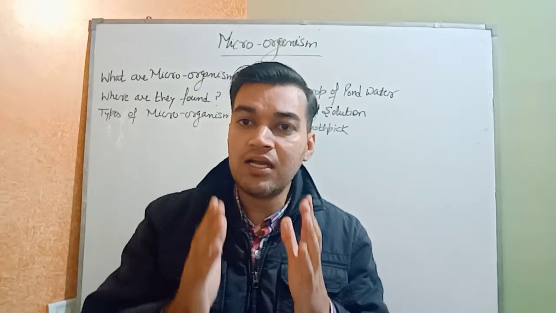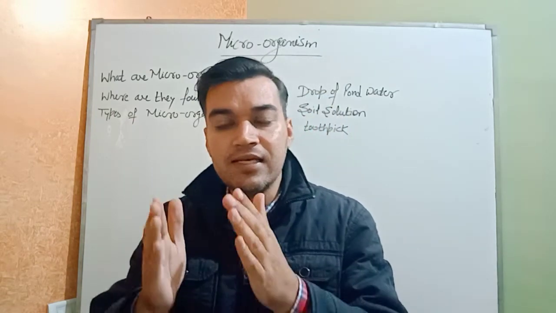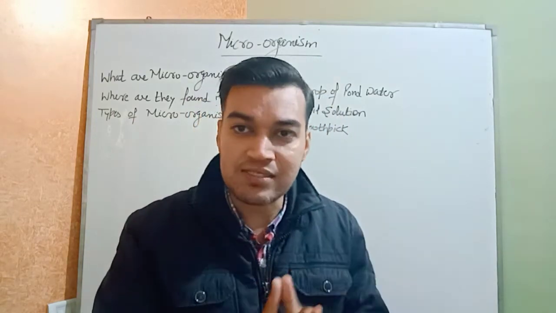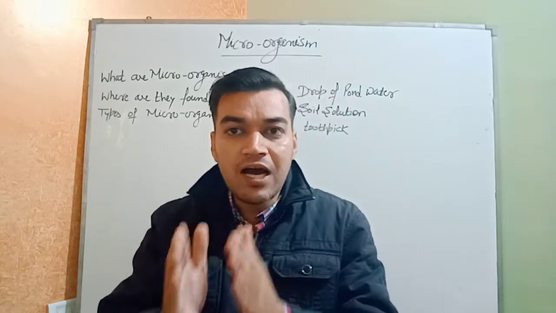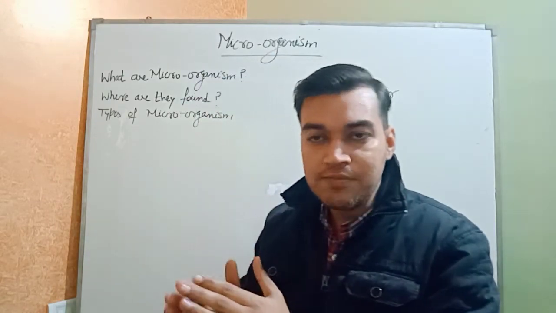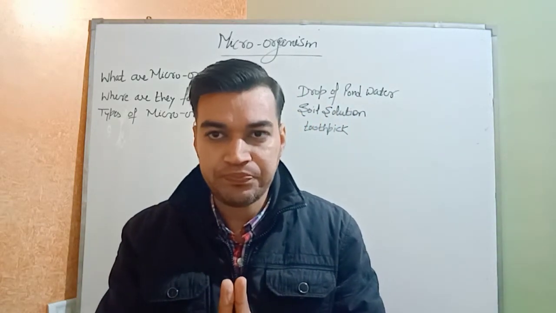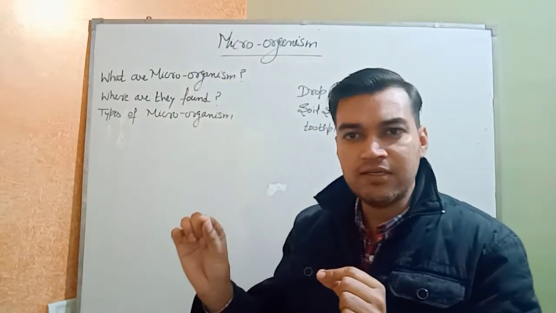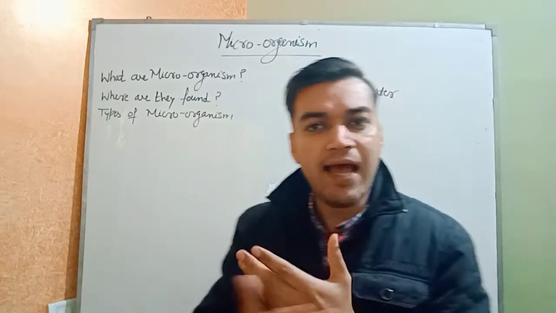Because they are hardy and strong in body, they can be present in harsh areas, and even in your body. So these are the locations of microorganisms; they are present everywhere. This is the small topic of this chapter: where are they found? They are present everywhere.